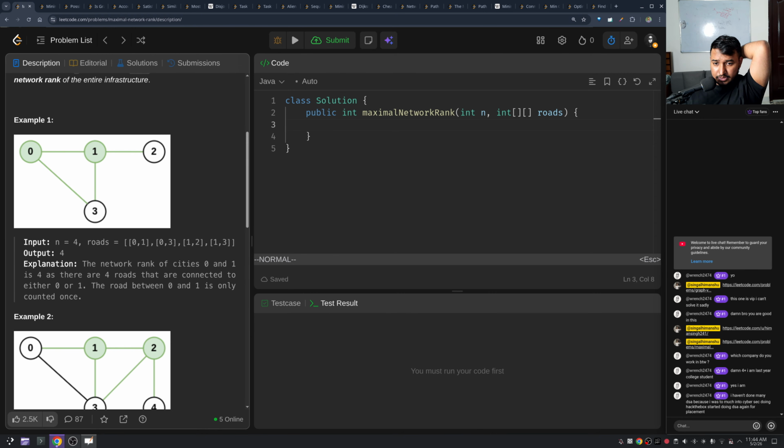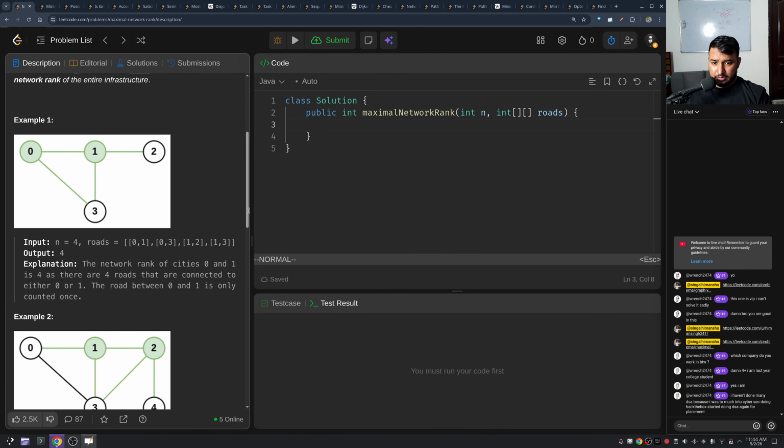The network rank of cities 0 and 1 is 4. Okay, why is it 4? As there are 4 roads that are connected to either 0 or 1. Okay. The road between 0 and 1 is only counted once.